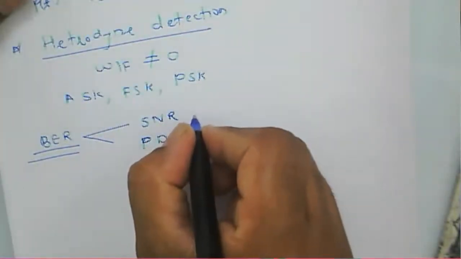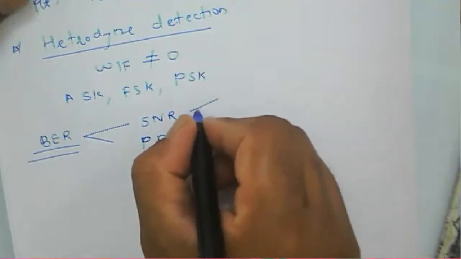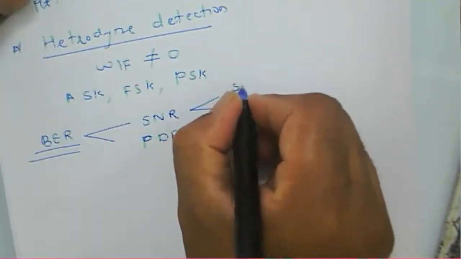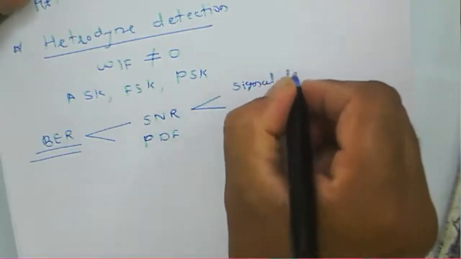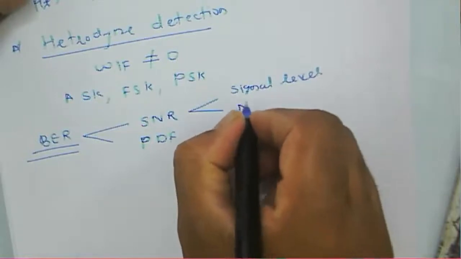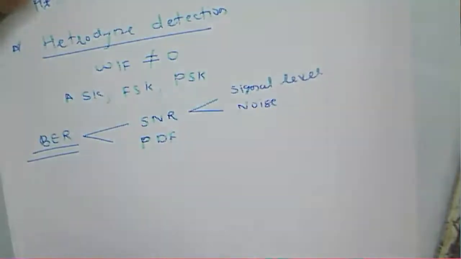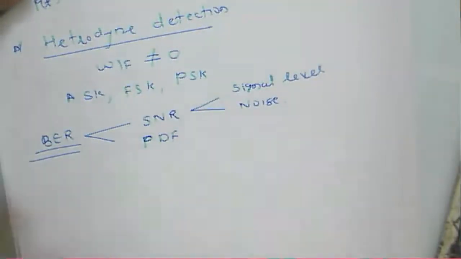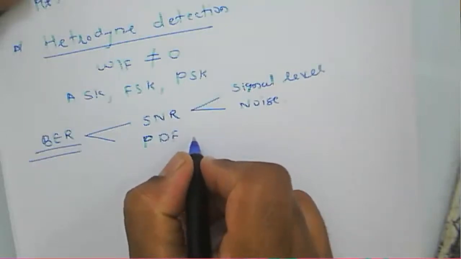Signal to noise ratio means what? We need to talk about what will be the signal level and what are the various noises in this signal to noise ratio. And then we talk about the probability density function.